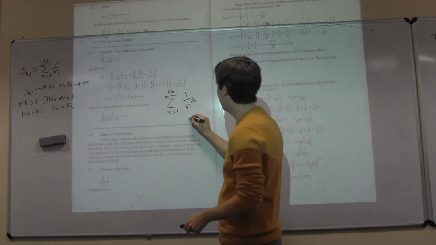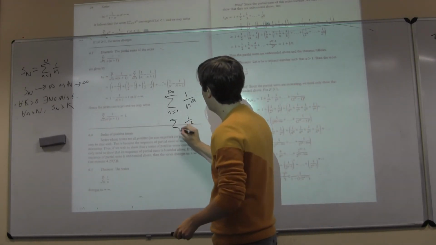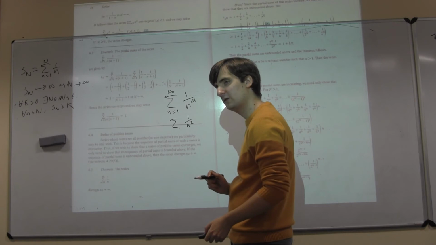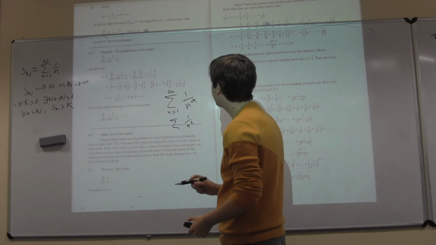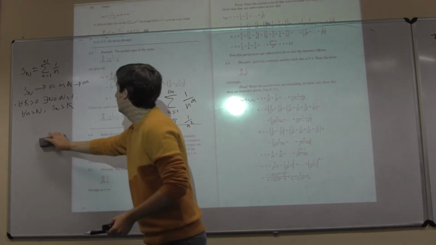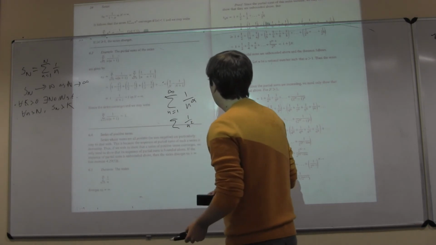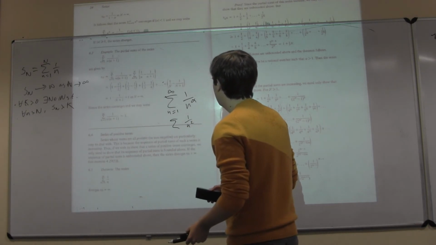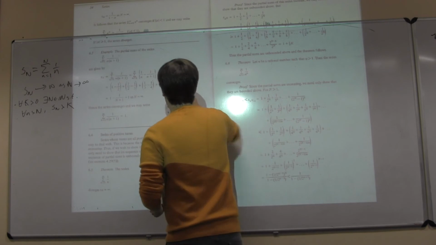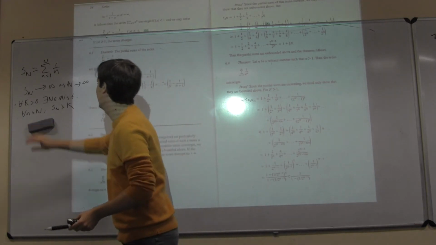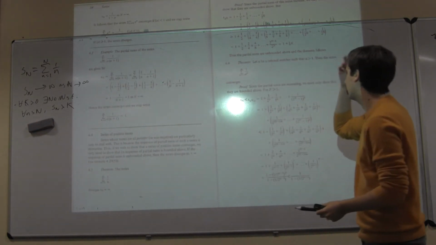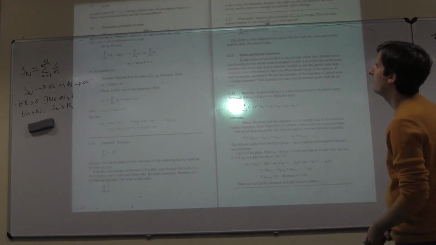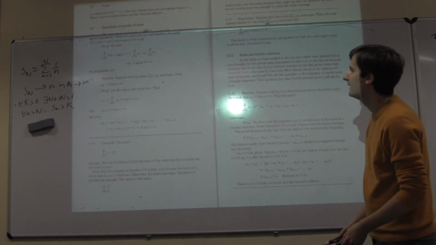In particular, the sum of 1 over n squared will converge. This certainly gets used. It's a useful fact to know, and it appears in economics, but we'll skip the proof of that.